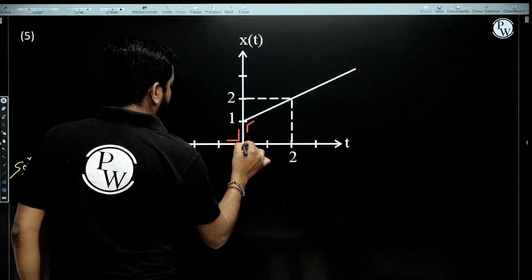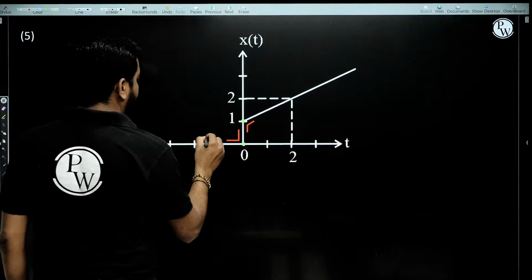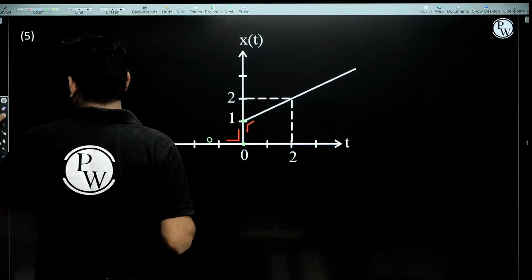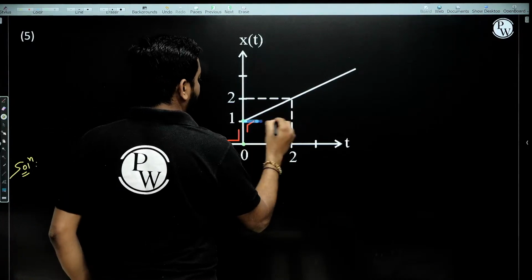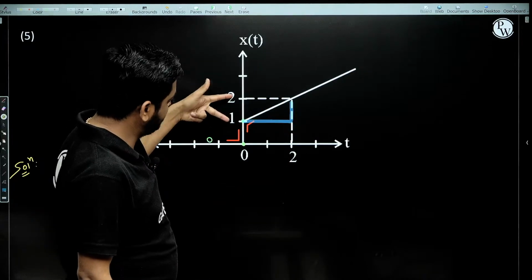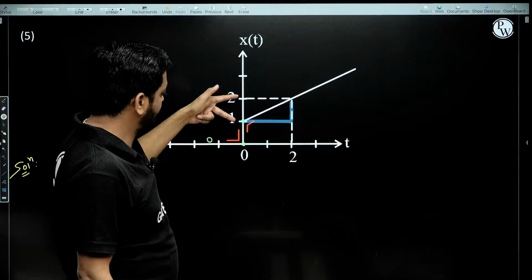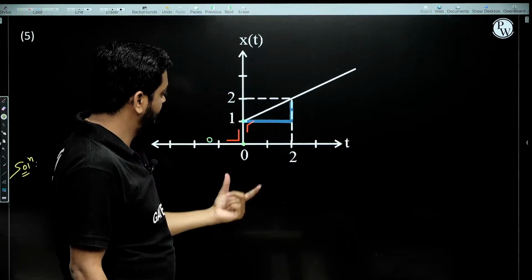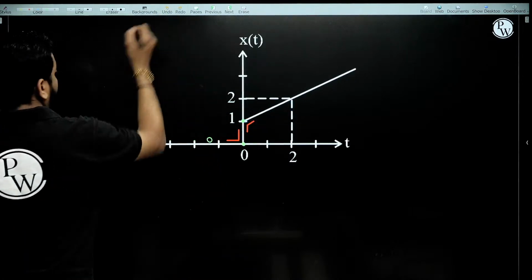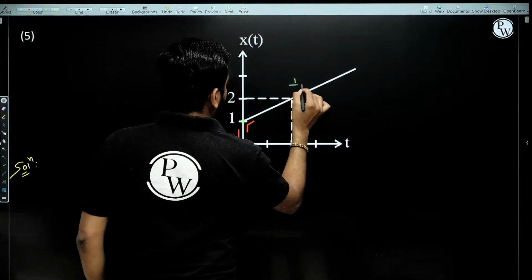Sudden change is from 0 to 1. Here slope is 0. What is the value of slope of this line, guys? dy by dx. dy is 1, dx is 2, guys. Slope value is 1 by 2. Correct?